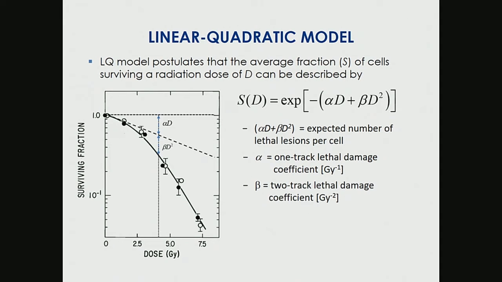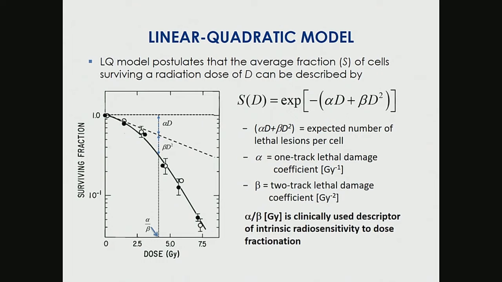The ratio alpha/beta equals the dose where these two modes produce the same amount of damage, and it's an important parameter to measure the relative importance of these two modes of damage in a given cell or given tissue. And it is also a very useful clinical descriptor because it measures cells' sensitivity to changing fractionations.